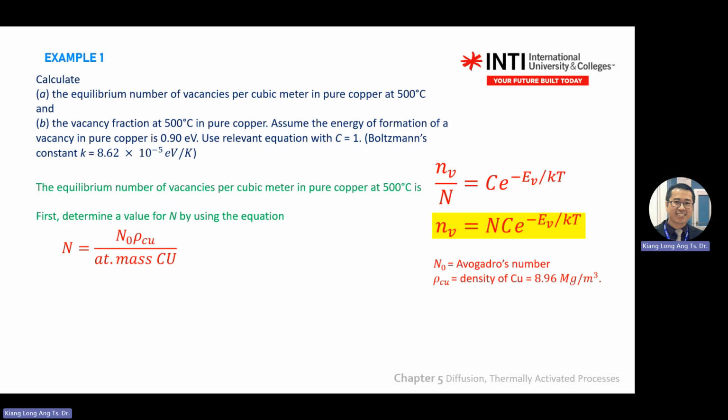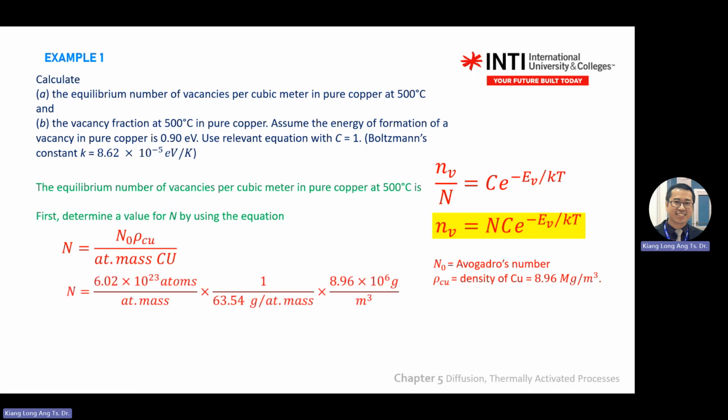Copper is 8.96 megagram over meter cube. Sometimes the question or appendix that you use will be in centimeter cube, so be careful with the unit. Look carefully at which table is given. Sometimes you see kilogram over cm cube, some tables give you megagram over meter cube. This question asks you for meter cube.